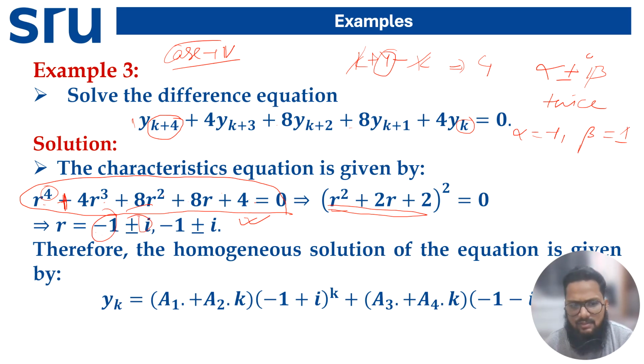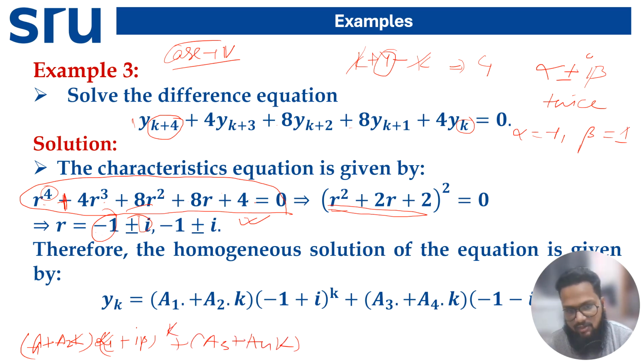Now what is the formula? The formula was (a1 plus a2 k) into (alpha plus i beta) power k, plus a different constant, (a3 plus a4 k) into the second conjugate, (alpha minus i beta) power k.